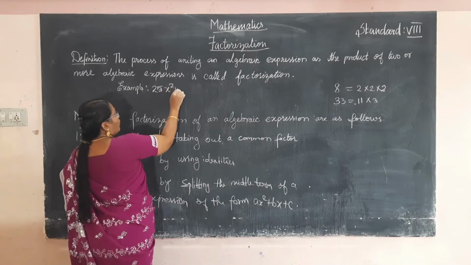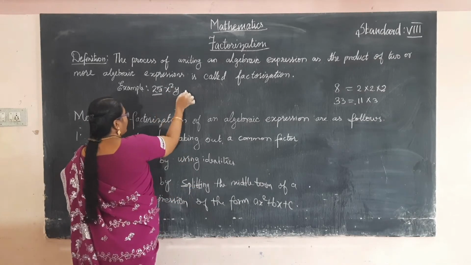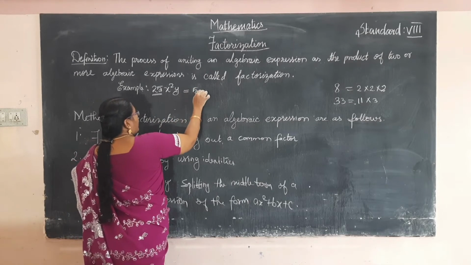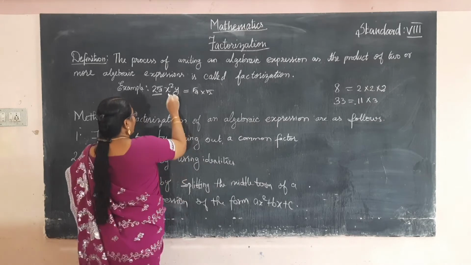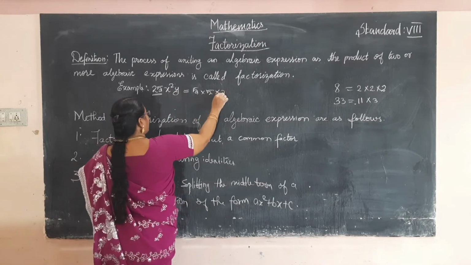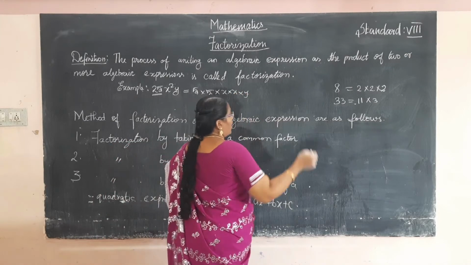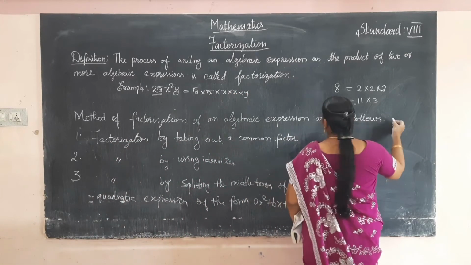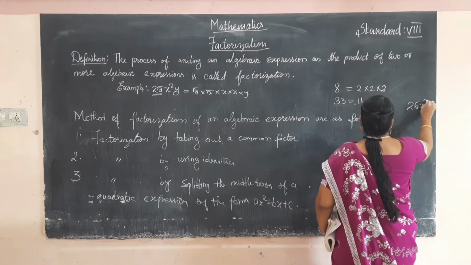25 x squared y. So what are the factors? First we write the factors of 25. 5 into 5. And next x squared, how many factors are there? x into x, and y only one factor. Already in lower classes we have drawn the factor tree, is it? 25 x squared y.